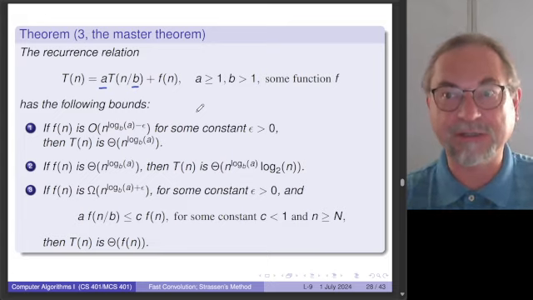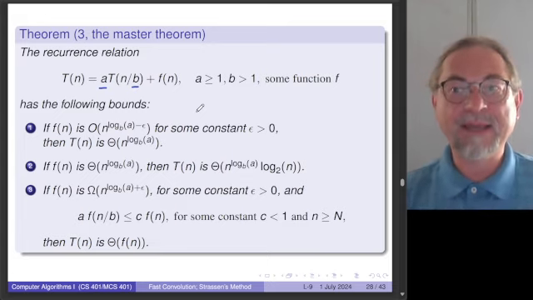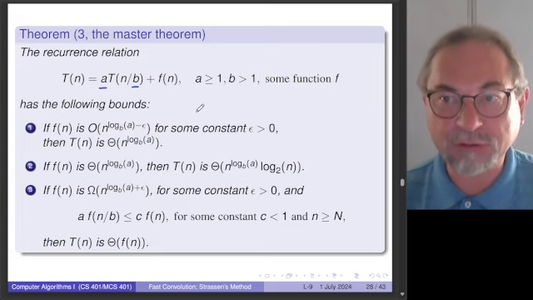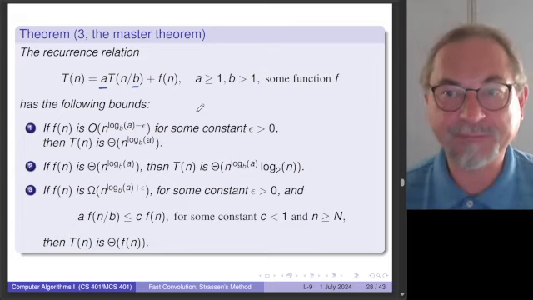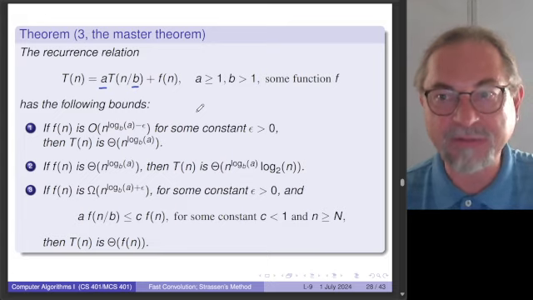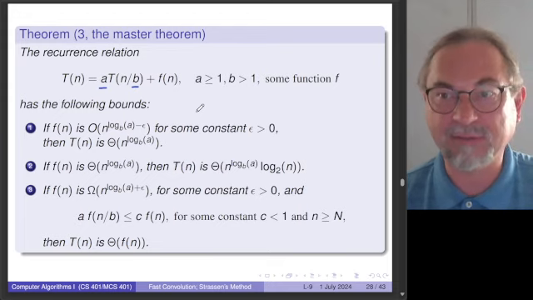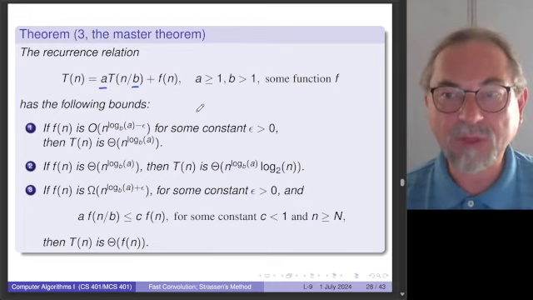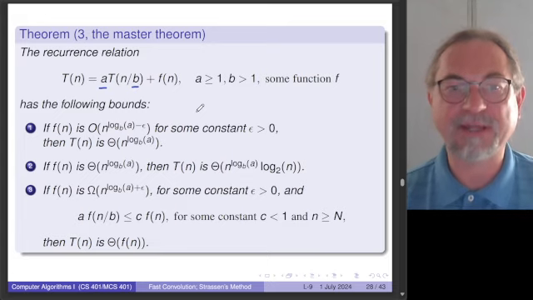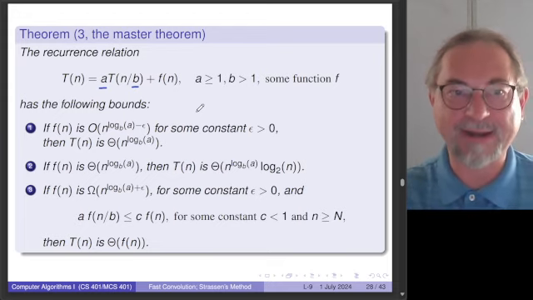So typically this is cut in half. B equals 2 is a typical value. And then we have the cost of the combination, and typically this is a constant times a monomial in n. So like in the matrix multiplication, we have a function that is quadratic in n.